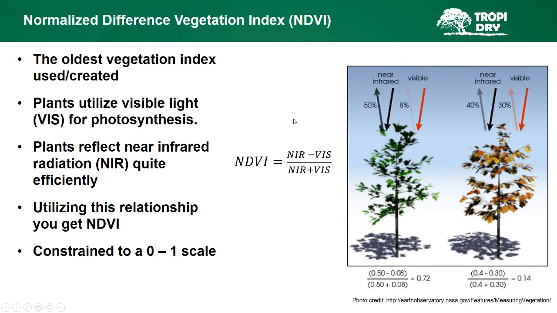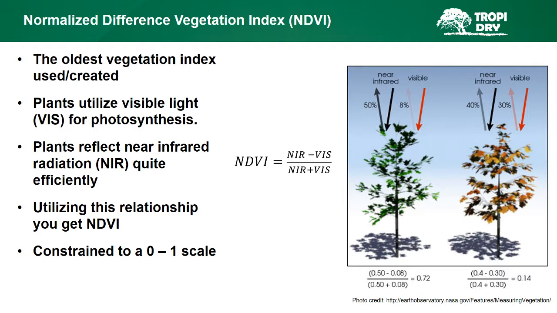Then we go on to the normalized difference vegetation index. This is the oldest vegetation index that's been used. It was on some of the first satellites that NASA put into space to monitor the world. They decided that they would create this normalized difference vegetation index to see if they could actually monitor forest health or not.